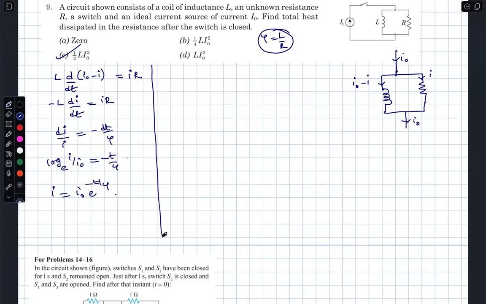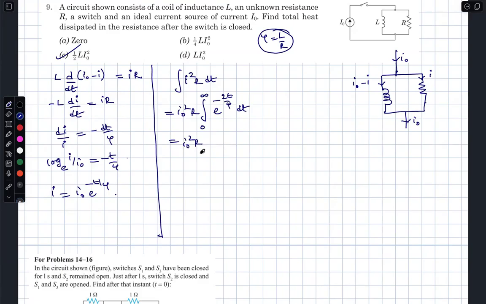That is the current through the resistor. That is not what you are asking. You want the total heat dissipated in the resistance after the switch is closed. You want integral of I square R dt. So I naught square R e power minus 2t by tau dt. And put t is equal to 0 to infinite.